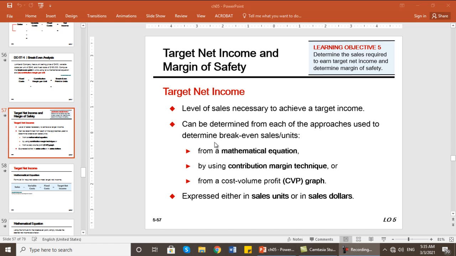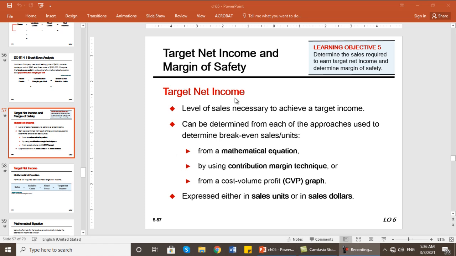As we learned the three methods in the earlier recording, now we can apply them again to determine the sales required to earn target net income: from a mathematical equation, by using the contribution margin technique, or from the cost volume profit graph.